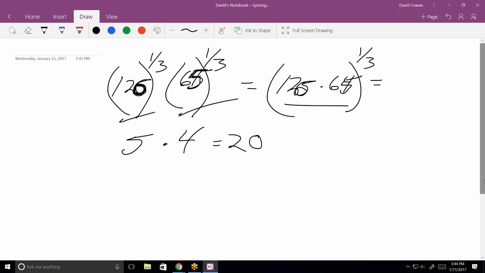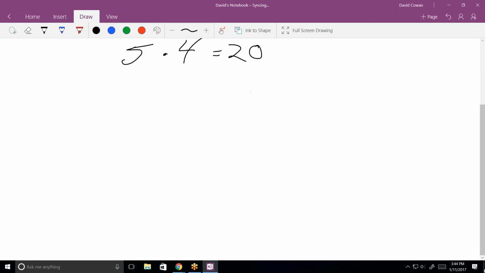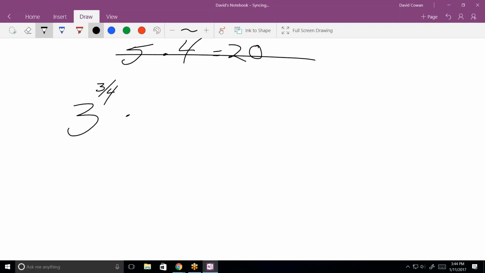Okay, what else? 3 to the 3/4 times 2 to the 1/4, quantity to the 4th. Now notice that we really can't do anything with the inside yet. I've got different bases and different exponents.